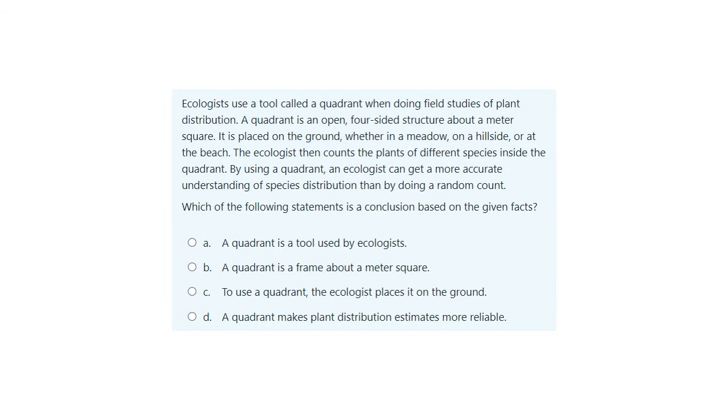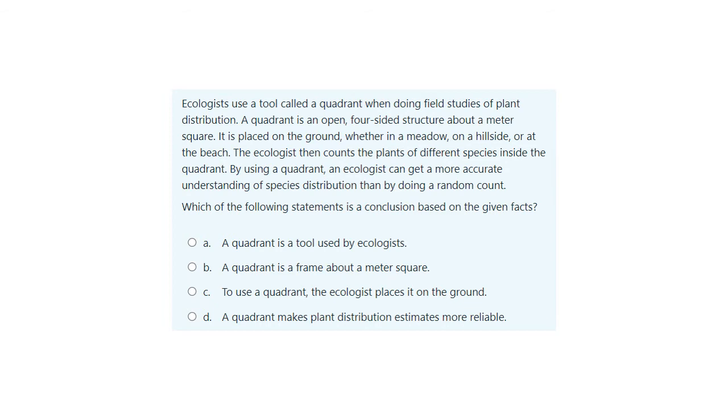Question 27. Which of the following statements is a conclusion based on the given facts? When we're looking for conclusions, we want to take away any answer that is not supported, any answer that is false, and any answer that is too small, that would be a detail and not a conclusion.